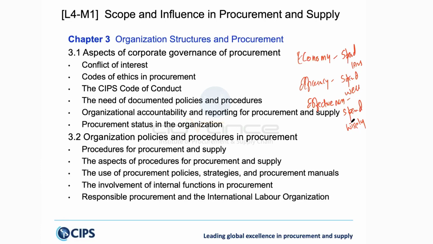So you need to make sure that the procurement function is transparent. The procurement professionals have very high standards of integrity. They have a code of conduct within their organization, as well as enforce a similar code of conduct on the supplier organization. And there has to be a governance mechanism in terms of policies, procedures, accountabilities, responsibilities identified, so that procurement can play the role in a diligent manner.